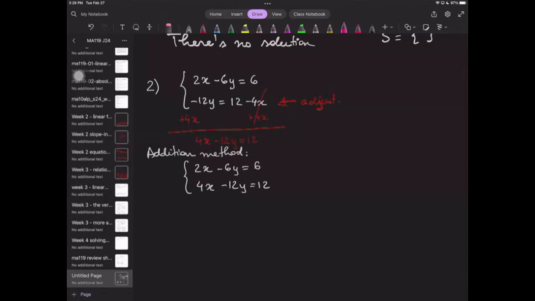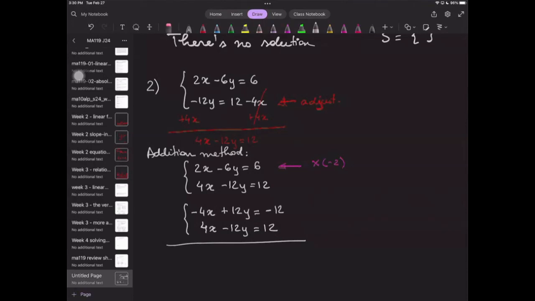If I multiply the first equation, let's say by negative 2, my first equation will look like this: negative 4x plus 12y equals negative 12. The second equation I want to keep exactly the same: 4x minus 12y equals 12.